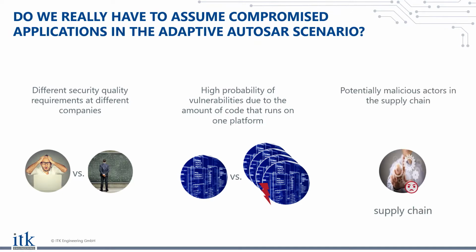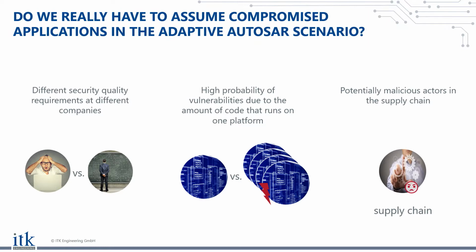And last but not least, you have to consider some malicious actors in your supply chain. Of course, you can have really malicious actors, but on the other side, you must not expect really malicious intent.